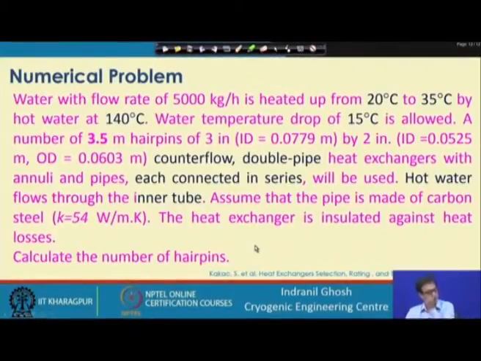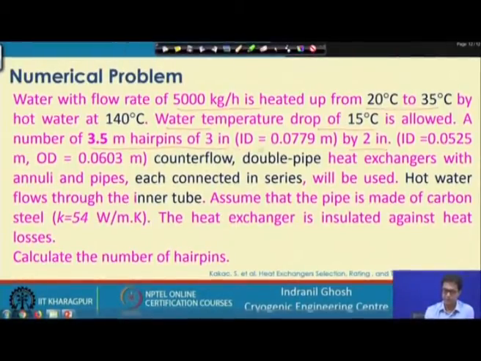So, based on this analysis, now we will try to solve a numerical problem where water with a flow rate of 500 kg per hour is heated up from 20 degree to 35 degree centigrade by hot water at 140 degree centigrade, and there is 15 degree temperature drop allowed with the water, and we have 3.5 meter hairpin of 3 inch by 2 inch.